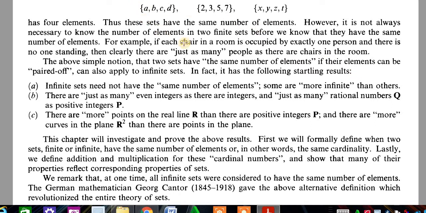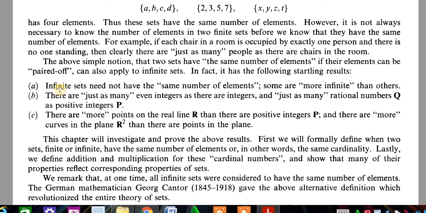In this example of chairs and people, we are comparing or equating, as we have discussed in the definition of equal sets and equivalent sets. So in equivalent sets we take one-to-one correspondence.